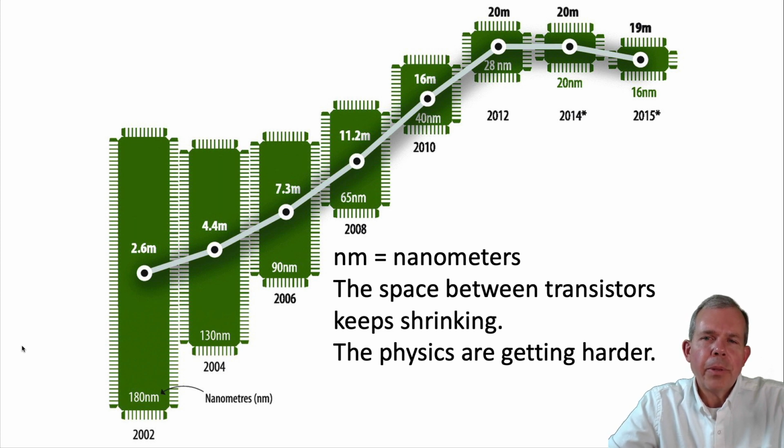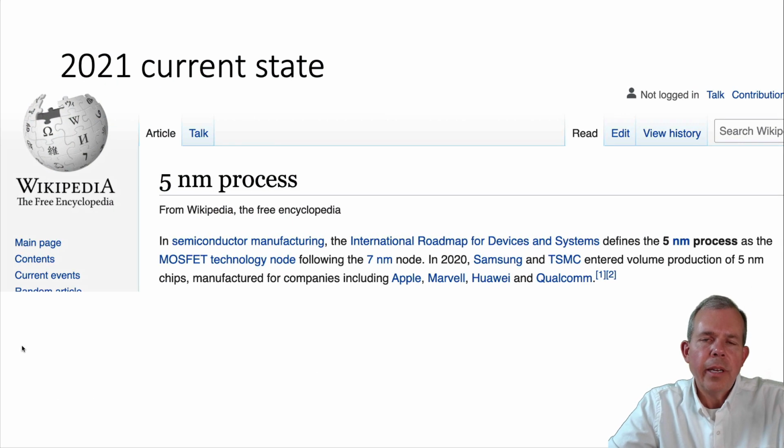However, you get to the top of the graph and you can see that the exponential growth has leveled off. We're still getting smaller, but the physics are getting harder and harder to overcome. And so in 2015, there was a 16 nanometer manufacturing process. Currently, 2021 is when I'm making this video, a 5 nanometer process is considered state of the art.